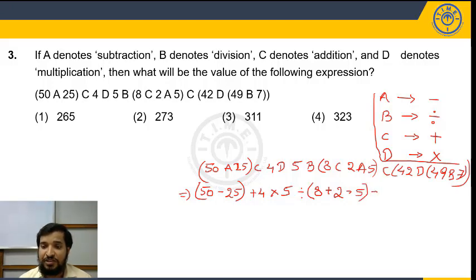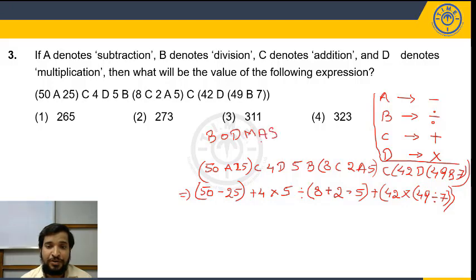Again C represents addition, bracket open 42, D denotes multiplication, bracket open 49, B represents division, 7, bracket close, bracket close. We'll solve this question by using the BODMAS rule. B stands for brackets, O stands for of, D stands for division, M stands for multiplication, A stands for addition, S stands for subtraction. And we have to solve in the same order.